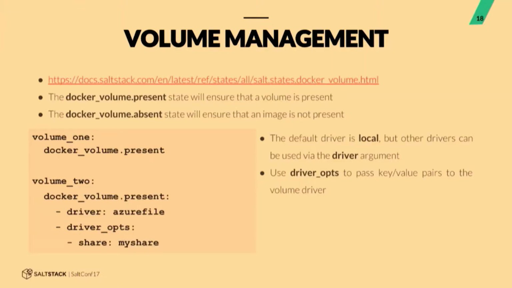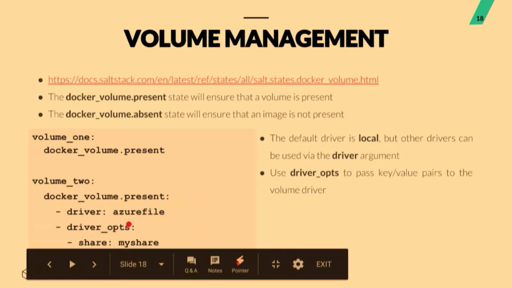One thing to note is that if the volume exists by the same name, we won't try to do anything with the volume. You don't want to just remove a volume if something changes, and we don't ever do that. But we also don't notify you if the configuration has changed. Let's say you change the driver, but the volume name remains the same.